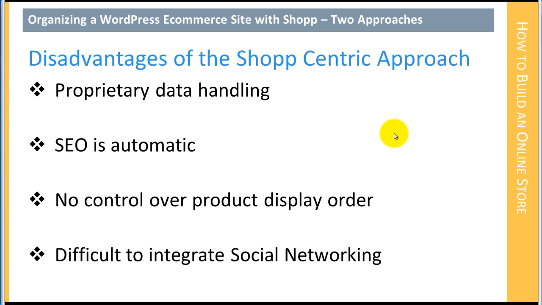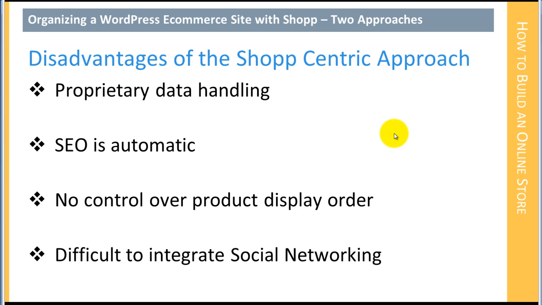Well, the Shopp-centric approach also has some disadvantages. The first is that it has proprietary data handling. That means that Shopp stores its products, its product information, and all that sort of stuff in database tables that it creates itself.